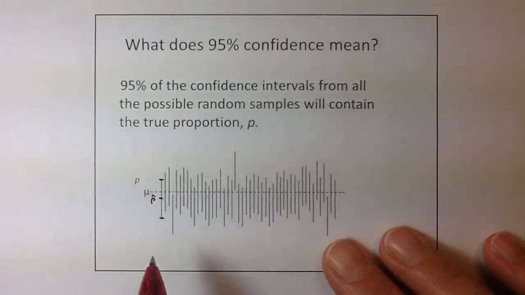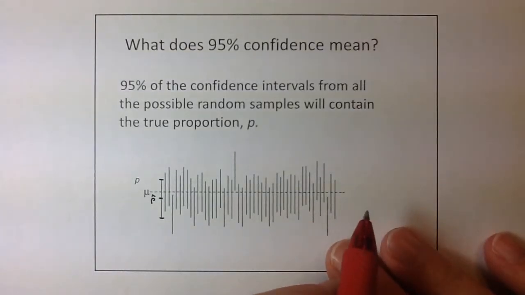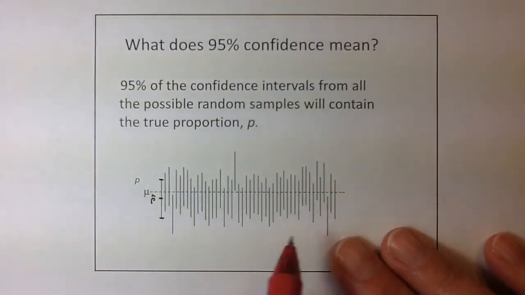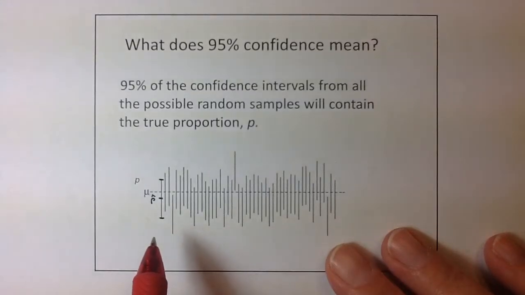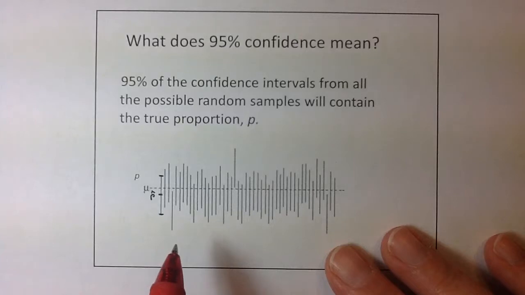If we could get all the possible confidence intervals that exist based on all the possible samples that exist, then 95% of those confidence intervals will contain that true proportion. And that's what 95% confidence means.